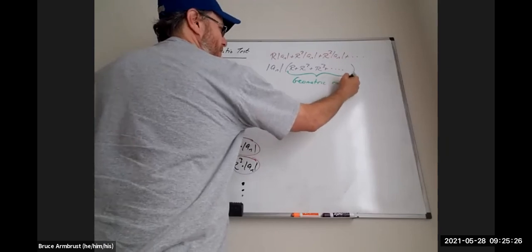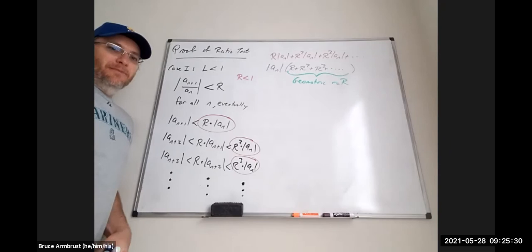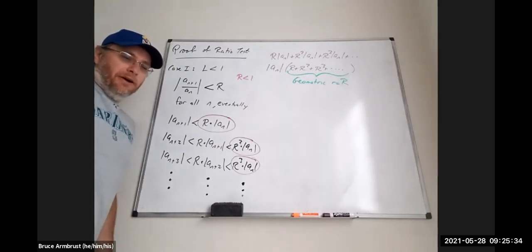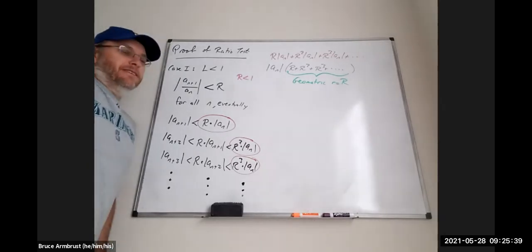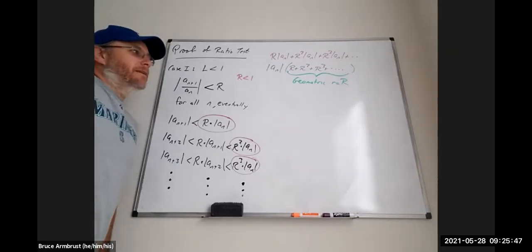with r equals R. The little r equals big R, right? Every time we end up multiplying by r. So we know everything about the geometric series. We know when it converges, we know when it diverges, right?